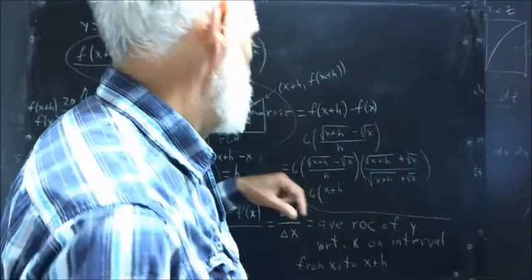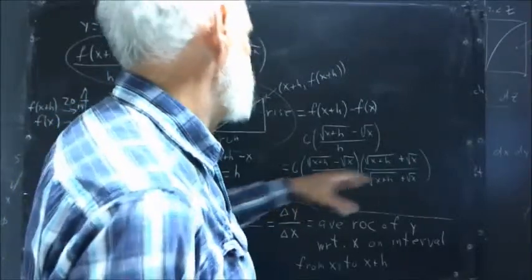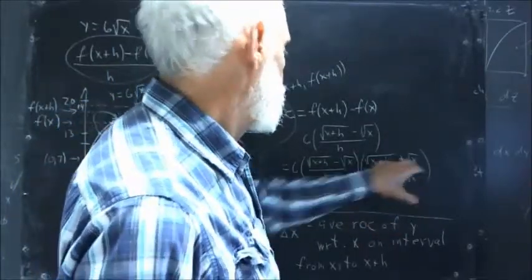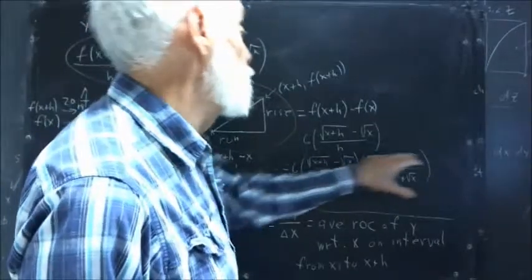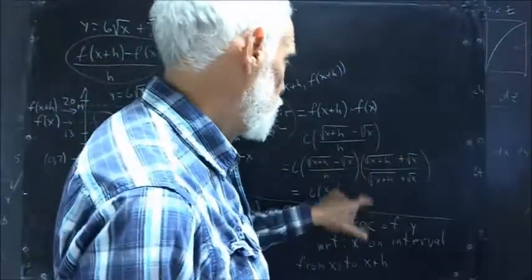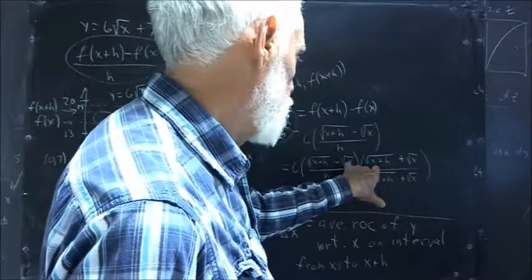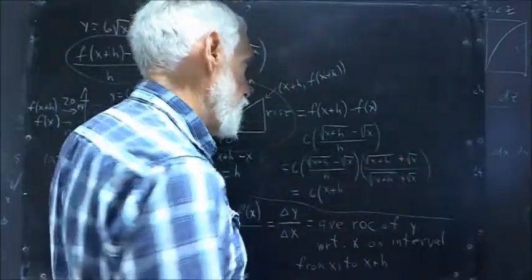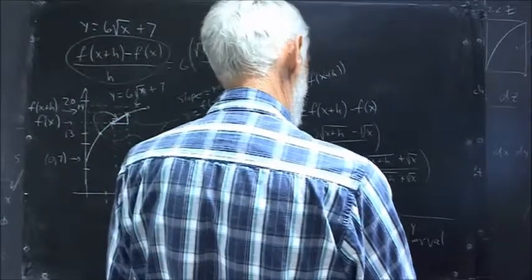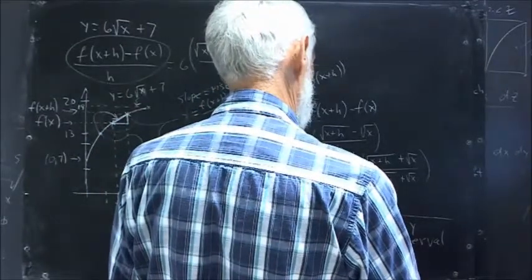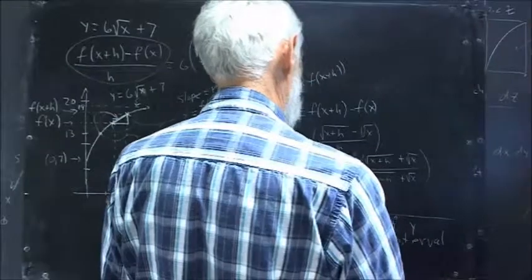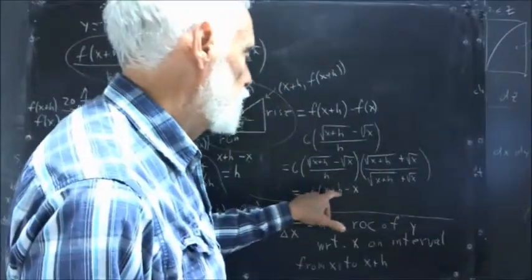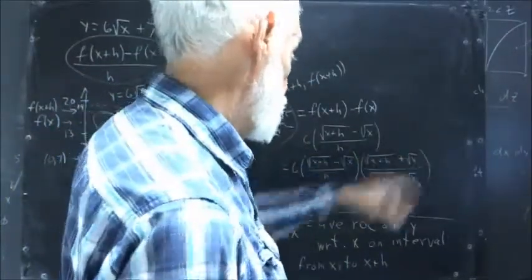Then when I continue the distribution, the square root of x times the square root of x plus h is plus that square root, which is equal and opposite to what I get when I multiply these two terms. And then I've got another square root of x times square root of x. So I get x plus h minus x in the numerator.